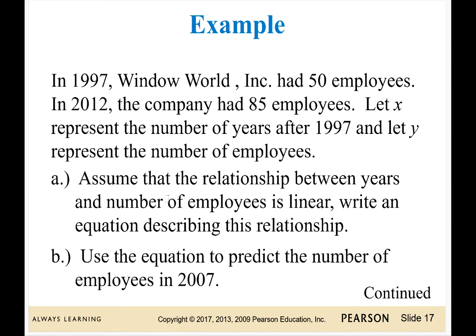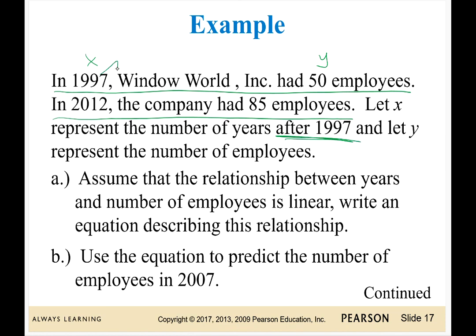Okay, so the first thing we have to do is we have to actually find the line. Now, we need 2 points, right? We don't have a slope here or anything, so we need 2 points. And this information at the beginning is actually going to tell me that right here. Okay, so we're given a year and a number of employees, a year and a number of employees. This is your X, this is your Y, okay? And the X is the number of years after 1997.